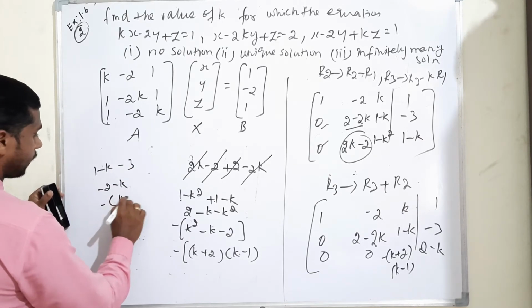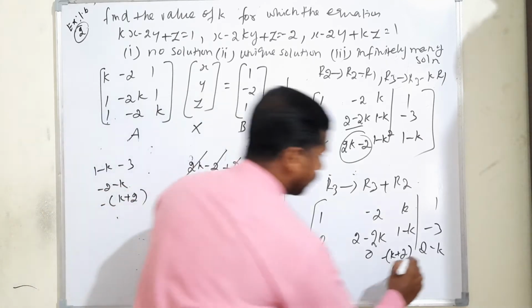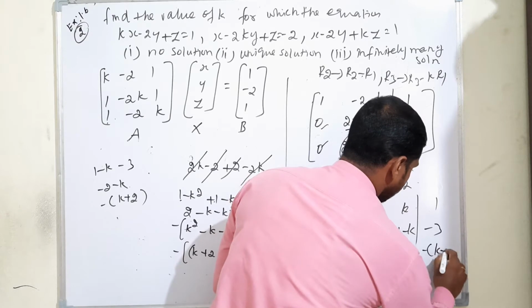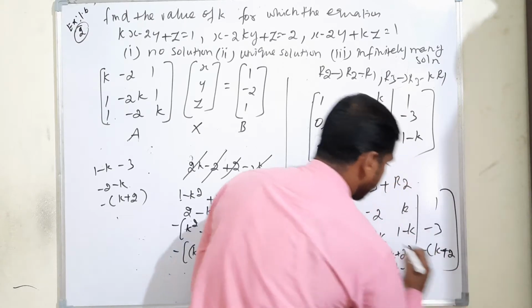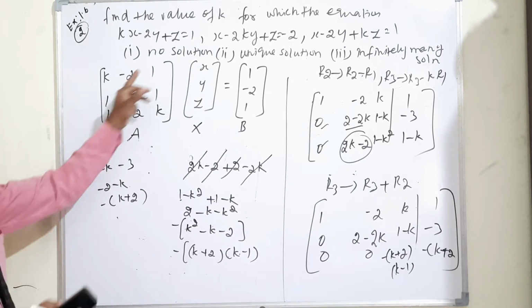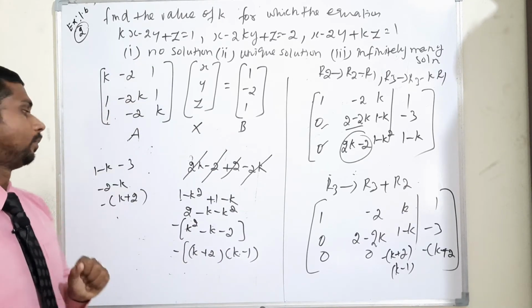Taking minus common outside, we can write it as minus of k plus 2. Now we have proved the row echelon form. Then we have to do it one by one. First subdivision: no solution.